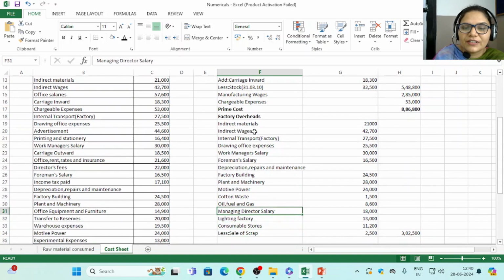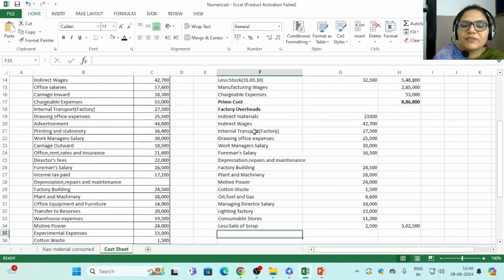Managing director salary is a total of 45,000, but it has been mentioned in the question that 40% belongs to the factory. So we have taken 40% of 45,000. Lighting factory, consumable stores, then we will adjust the sale of scrap.